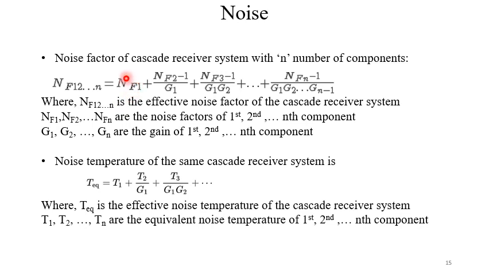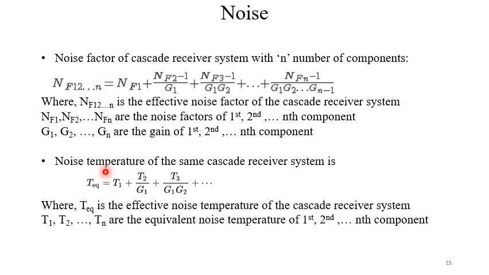This first term has no denominator. So if G1 is made very high, then all these subsequent terms become negligibly small, and if we can make the noise factor of the first stage, NF1, as small as possible, then the overall noise factor will also get reduced.